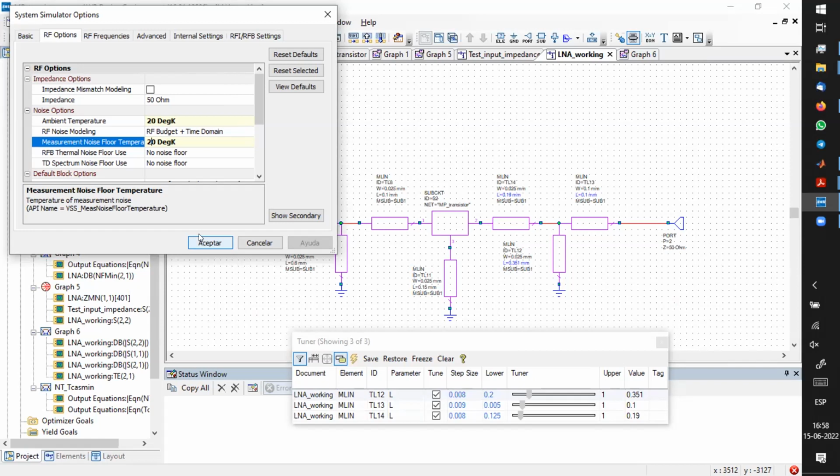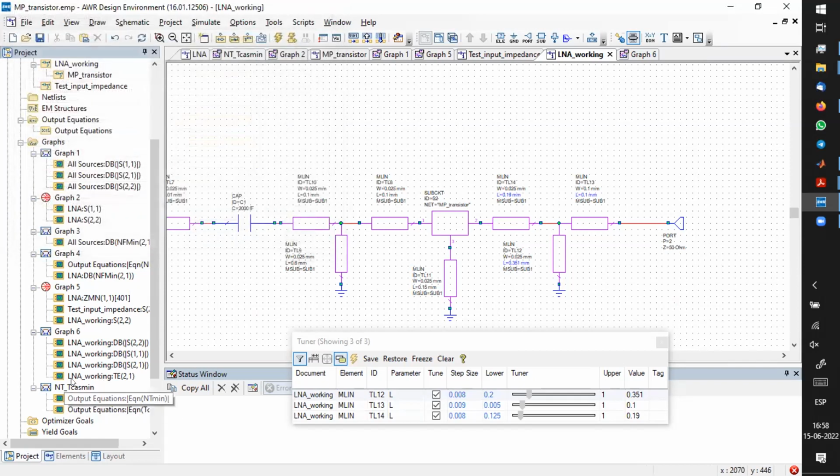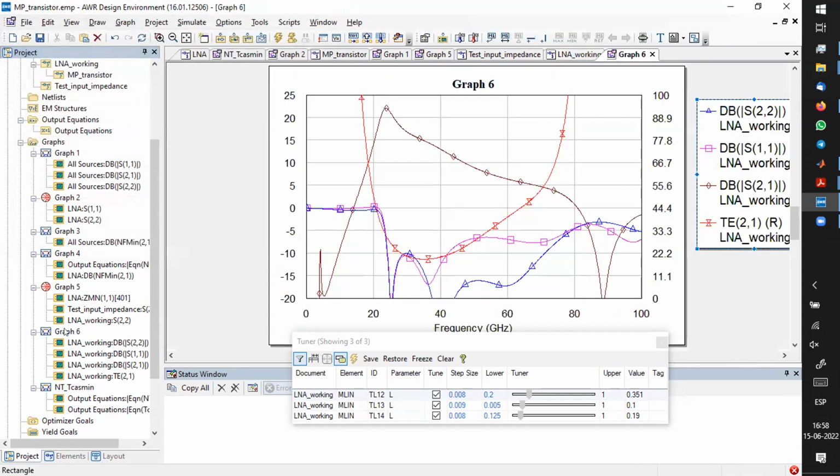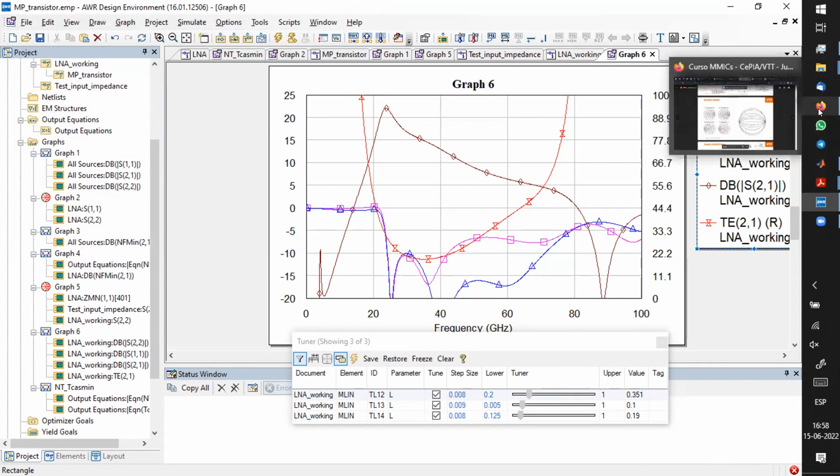Okay, but let's look at the shape. We need to figure out what is with the noise temperature, but the shape doesn't look yet really good. But at 40 gigahertz, we are about there. If you go back to my slides, not now, but there was a gain associated, which was maybe around 7 dB when we added the feedback to stabilize it.